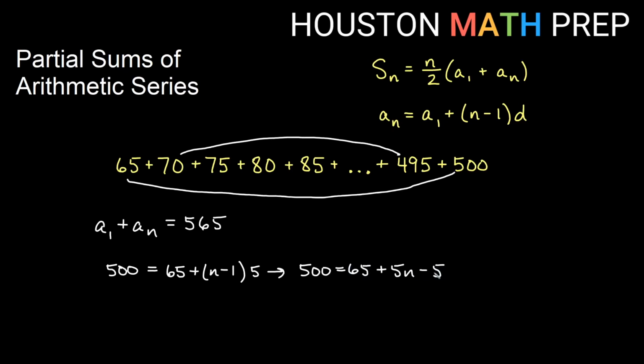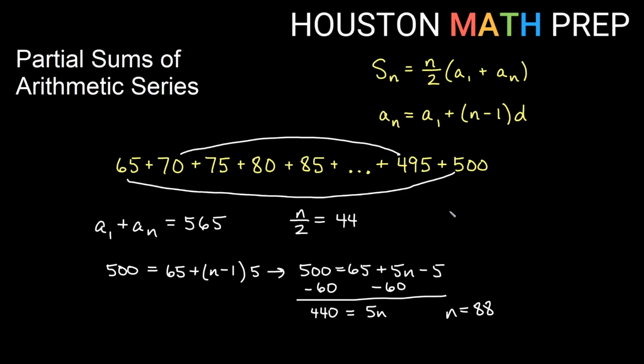Here I have 65 minus 5, that's 60, so I subtract 60 from both sides. We get 440 is equal to 5n, and if we divide by 5, n is 88. We have 88 terms, so n divided by 2, which is what's in the formula, is 88 divided by 2, which is 44. So we have 44 pairs.